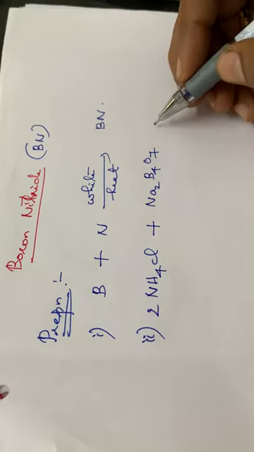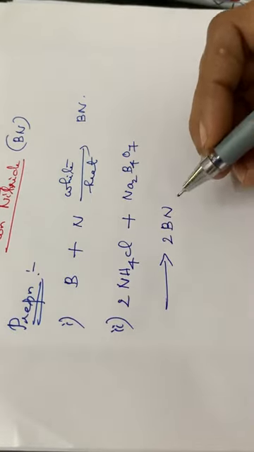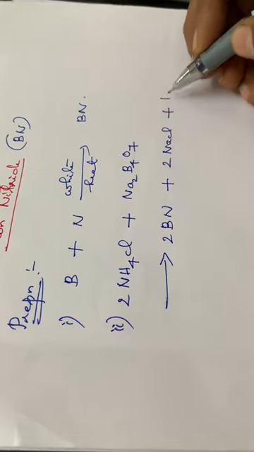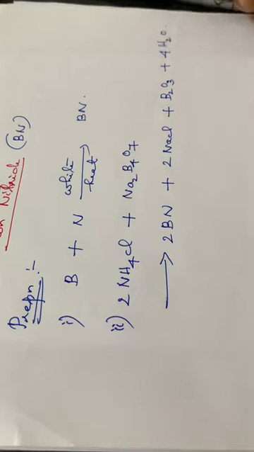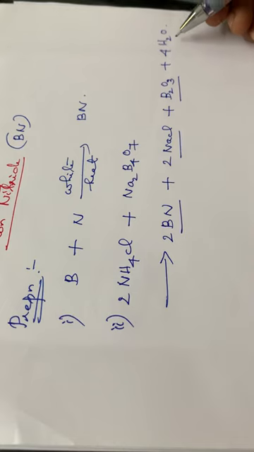So we will be having 2 molecules of boron nitride plus 2 NaCl plus B2O3 plus 4H2O. The products will be boron nitride, sodium chloride, diboron trioxide and water.